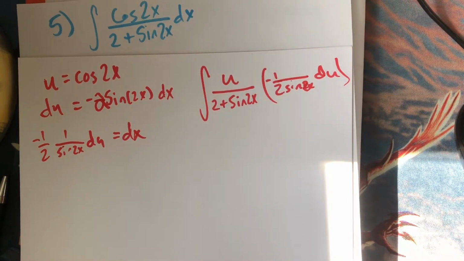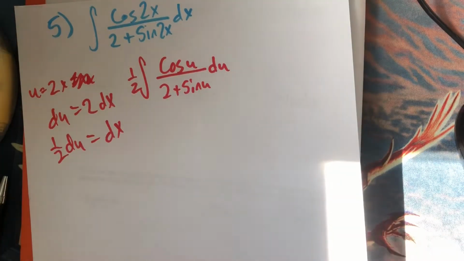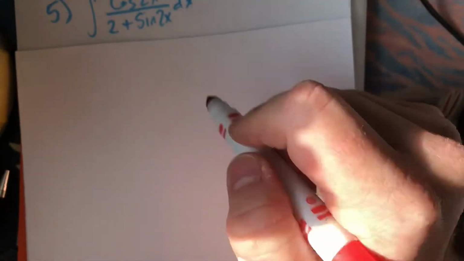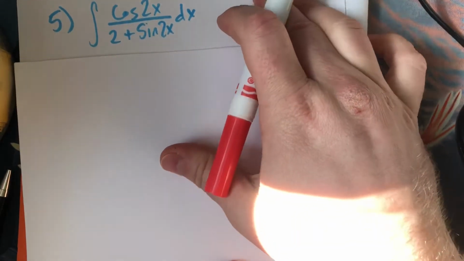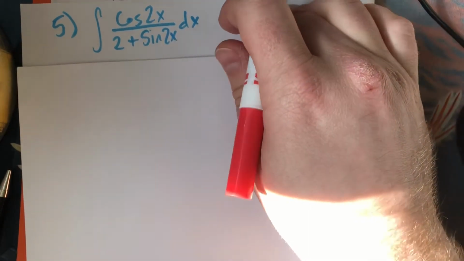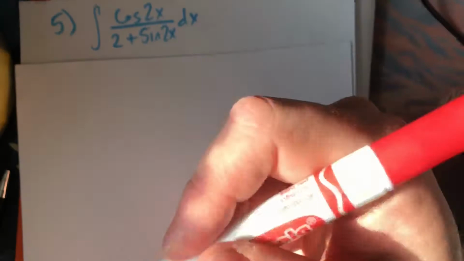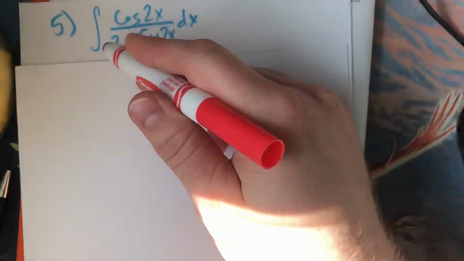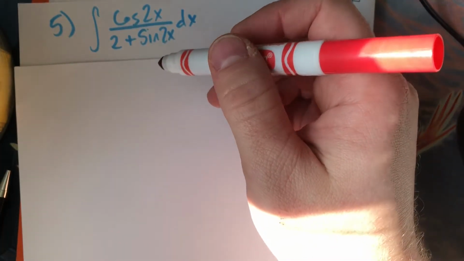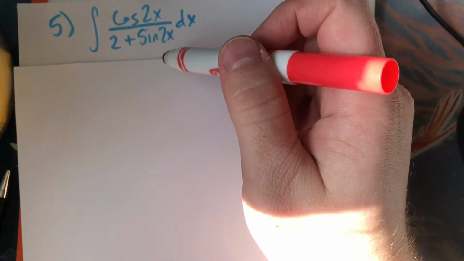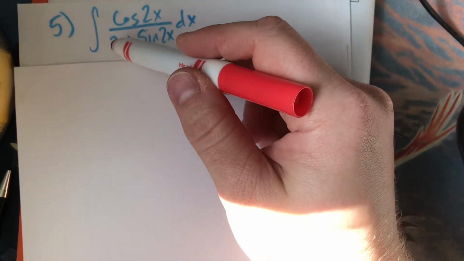So, yet again, I'm going to try a different u. And I'll be honest, I look at these and because of the experiences I've had, I know, oh, if I pick the bottom as a u, that's a better choice. Let's talk about why the bottom is the best choice. What's the derivative of 2? 0.